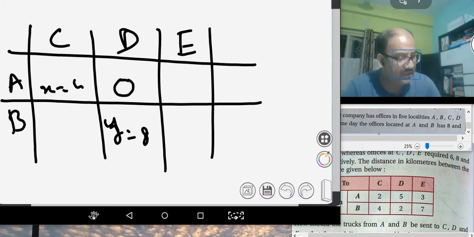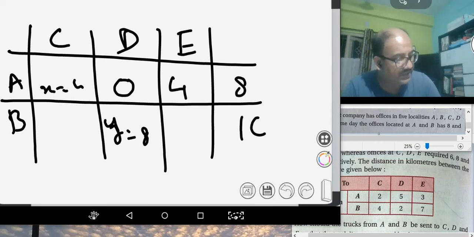If you put the value here, this value becomes 0 and this value becomes 4, because the sum is 8 in this case, and in this case the sum is 10. So if this is 4, this must be 6 minus 4, that is 2. So 2 plus 8 is 10.